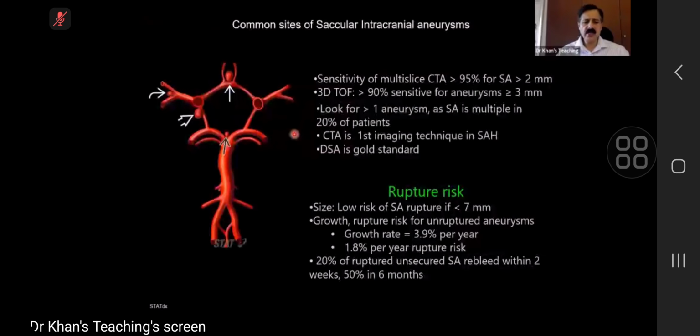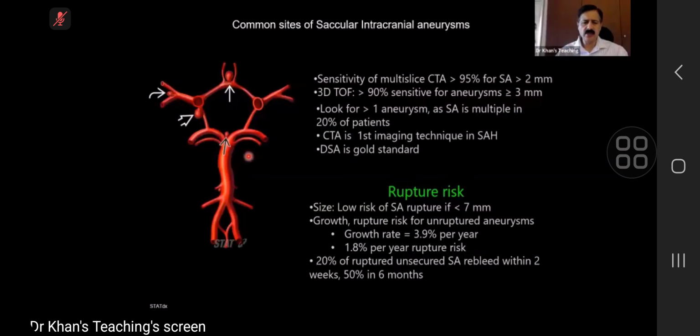The most common sites of saccular intracranial aneurysm are on this diagram: ACOM, the anterior communicating artery, and the junction between ICA and PCOM, which is this one. The bifurcation or trifurcation of the MCA, this one. Basilar tip, which is this one. There are other sites also, but these are the most common.